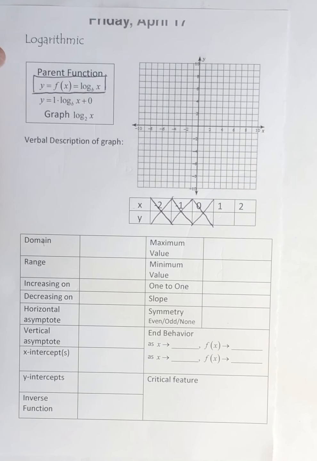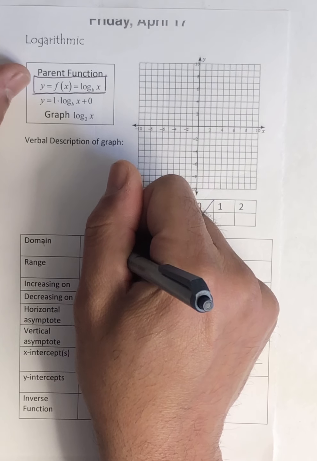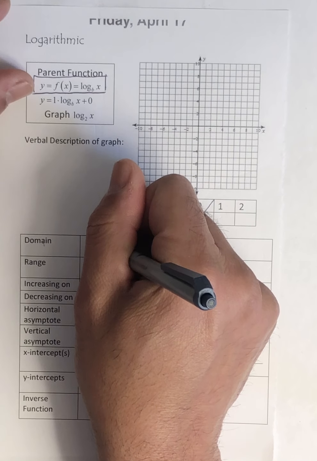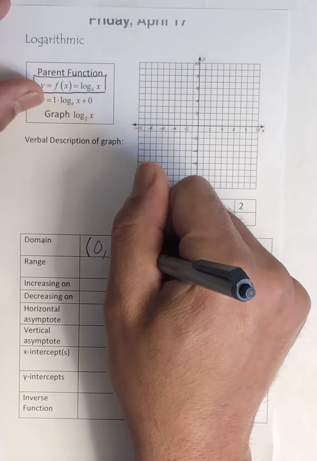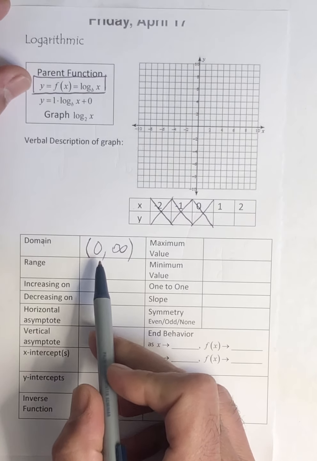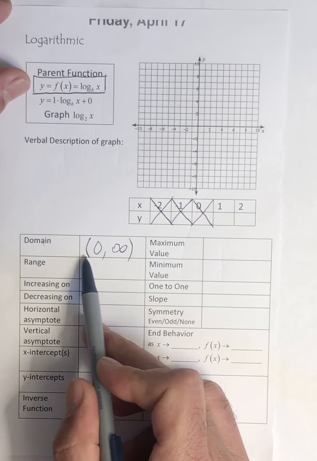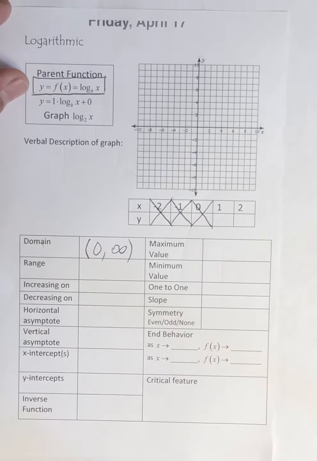Now, how do you write the set of positive reals? You either write it out with words, or you use interval notation and you say from 0 to infinity. This is an open interval. Neither 0 is included, and of course, infinity can never be included, so we use parentheses.